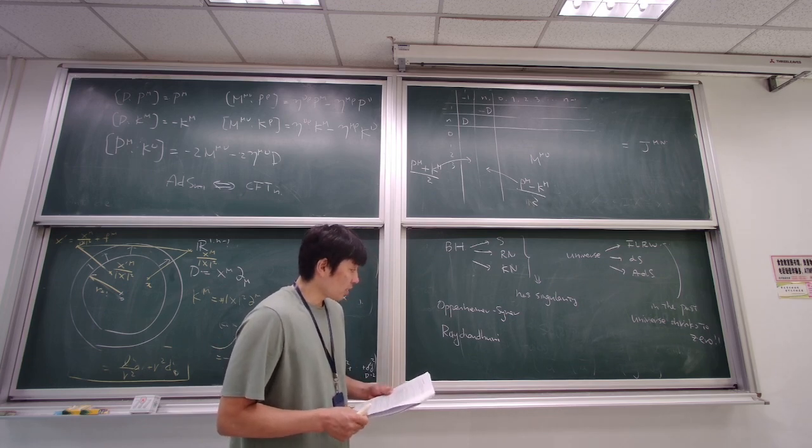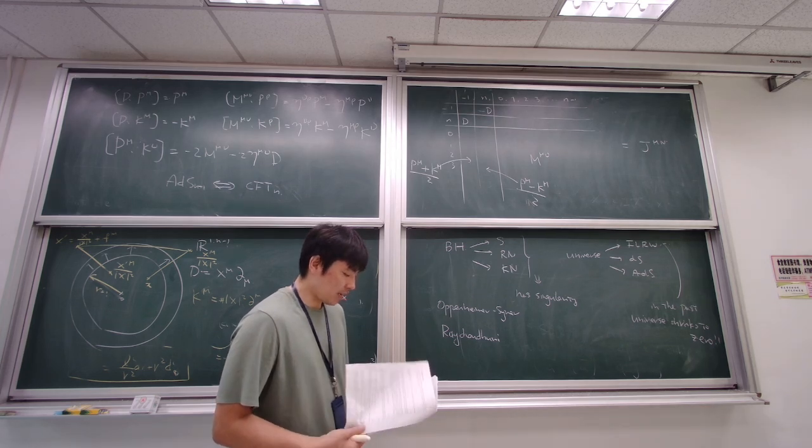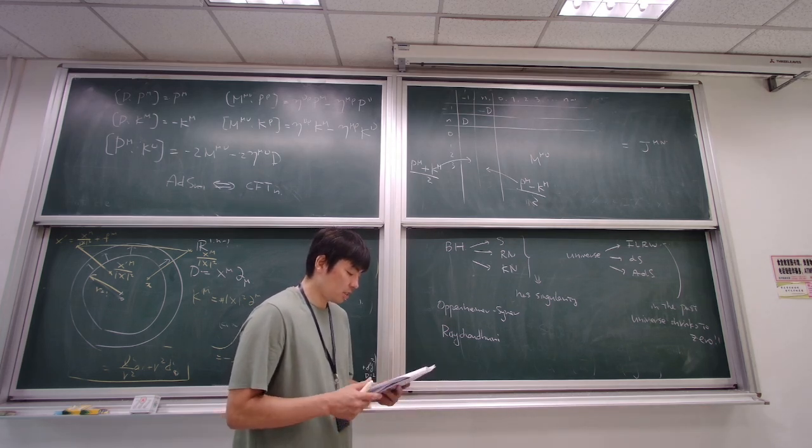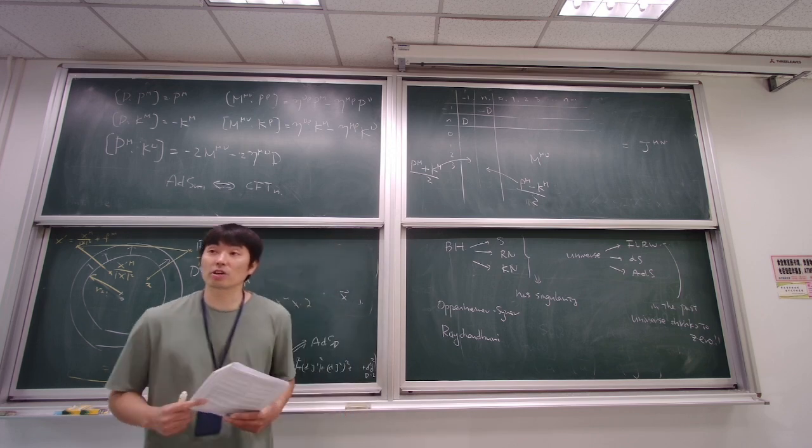He tried to understand what's going to happen, and he derived the so-called Raychaudhuri equation.